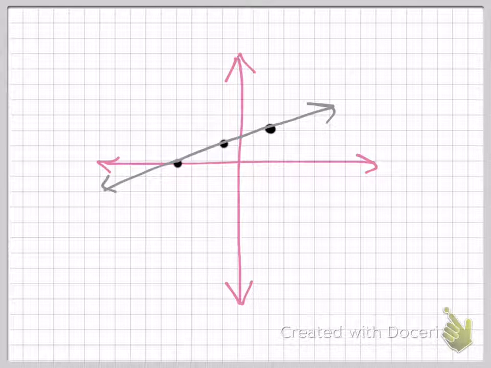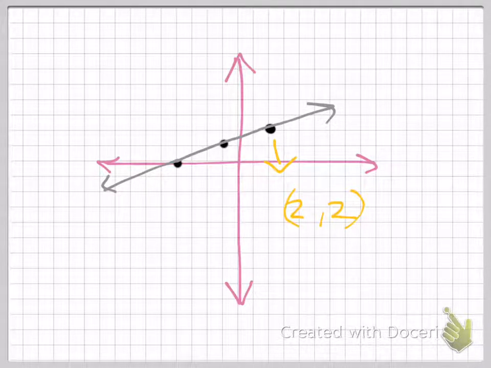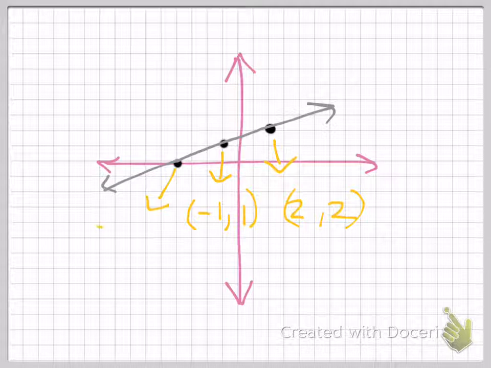If I were to find the inverse of this graph, I would do the same thing. Find at least 2 ordered pairs. This gives me 3: (2, 2), (-1, 1), and (-4, 0). So I would graph the inverse by flipping the x and y coordinates.